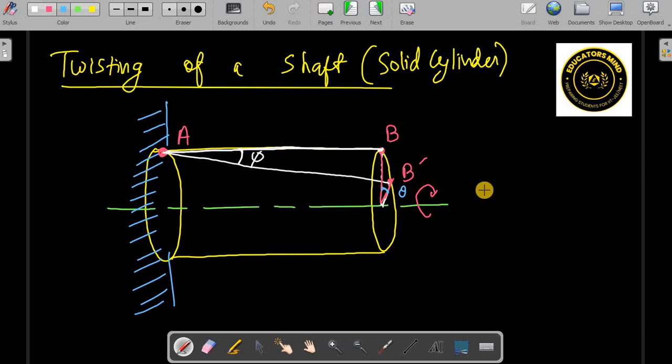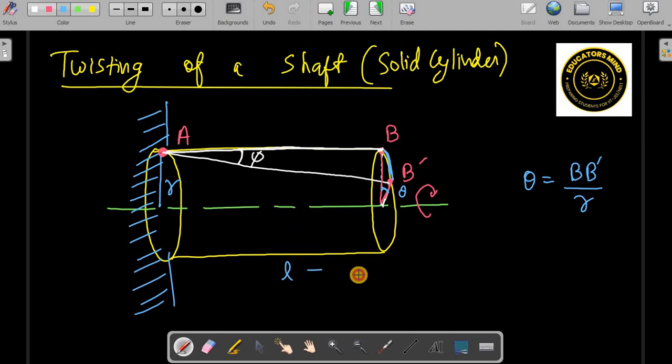So what is the relationship between them? That we need to understand. This is like an arc length here. BB dash is like a circular arc. So definitely this theta is equal to, and suppose the radius of this is r, this theta is equal to the arc length BB dash divided by radius.